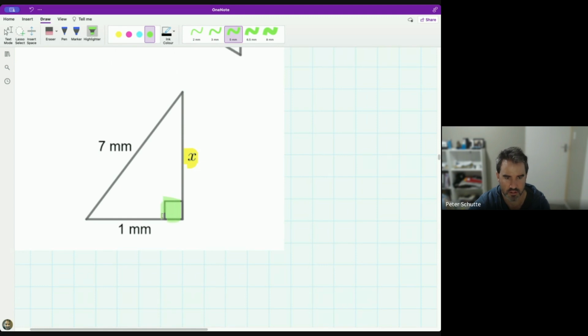So see if you can find what x is. Write out the statement, write the reason, and then it might be a little bit messy because it may not be a perfect square. It may be what we call a surd.